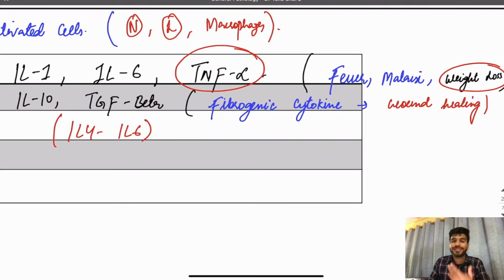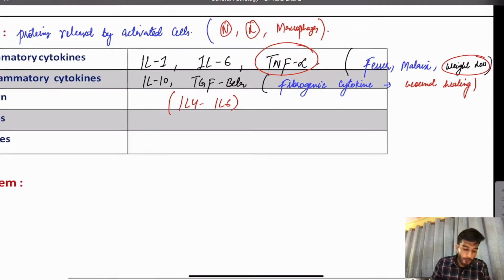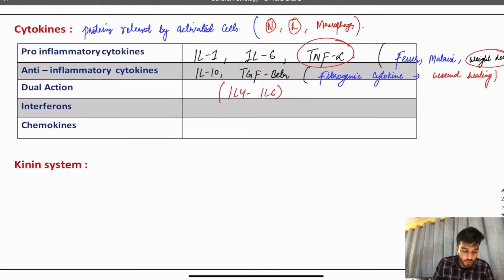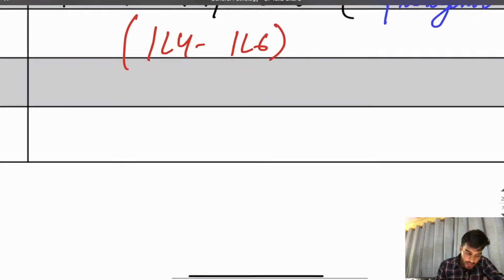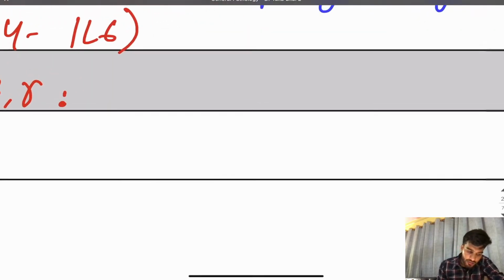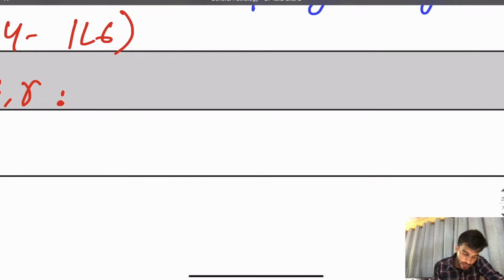TNF alpha. Which cytokine is fibrogenic, or associated with wound healing? TGF beta. Then we have interferons. Write it down. We have interferon alpha, beta and gamma, and they are responsible for granulomatous inflammation.